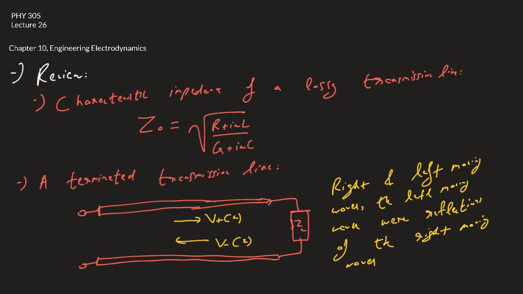So we said that V plus of Z is coming from the source. It's being reflected by whatever impedance you have at the end, and then something reflects back, and that's V minus of Z.